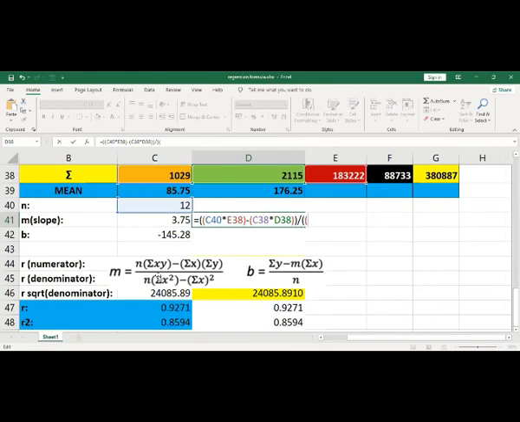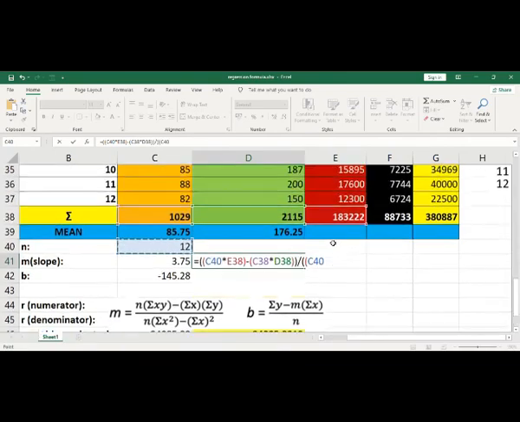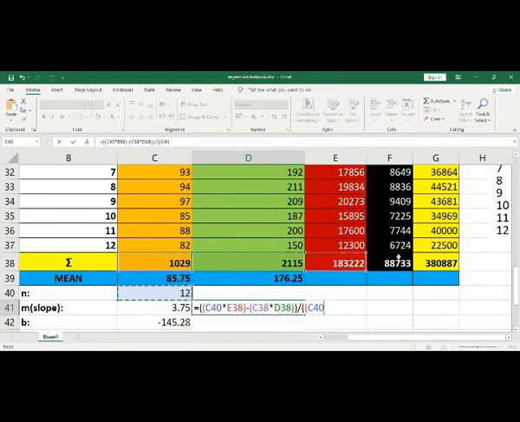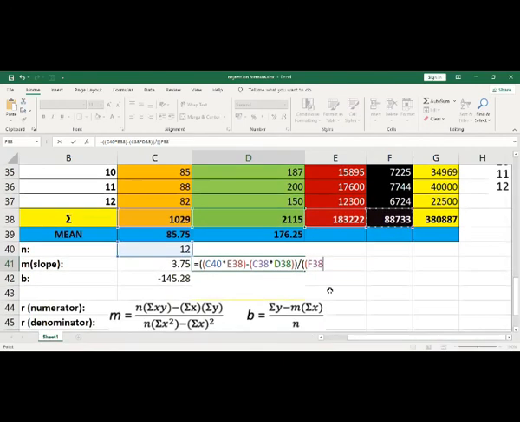Then, first is n times the summation of x squared, which is 88,783. Ay baliktad, sorry. Dapat una ang n. N times the summation of x squared. Okay?